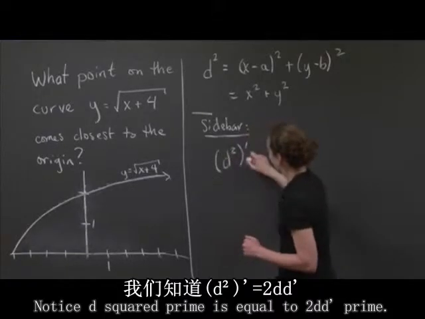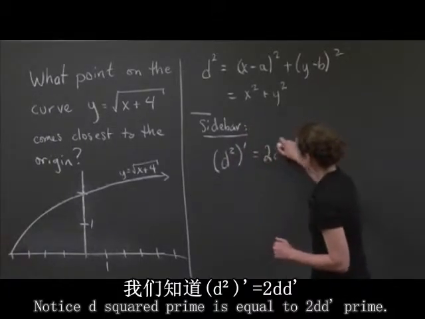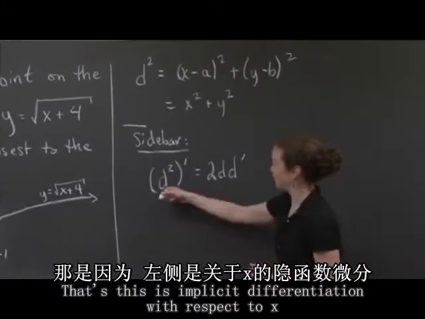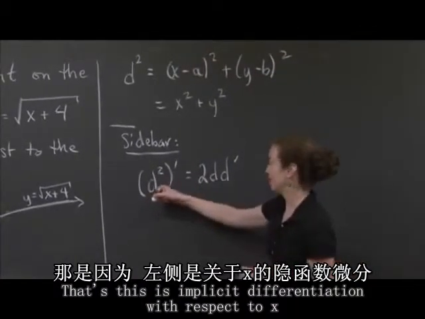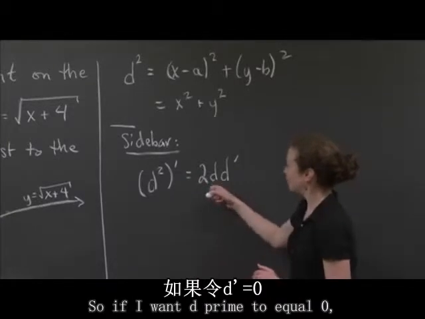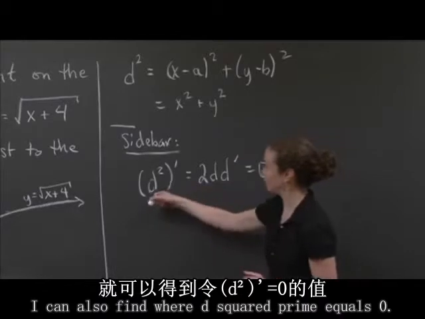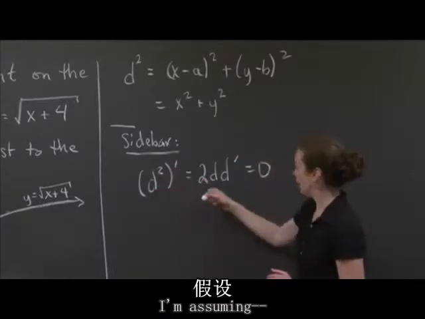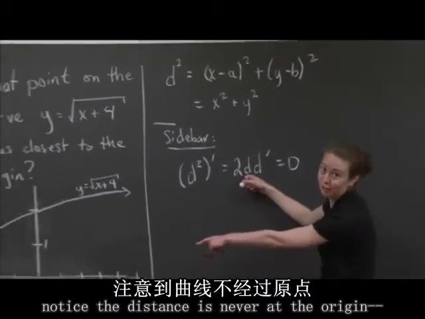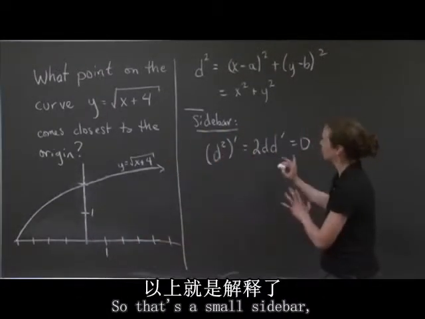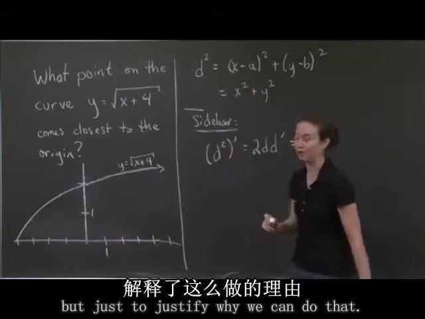Notice d squared prime is equal to 2d d prime. That comes from implicit differentiation with respect to x, and the chain rule. So if I want d prime to equal 0, I can also find where d squared prime equals 0. Notice the distance is never 0, since the curve never passes through the origin, so I don't have to worry about that. That's a small sidebar, just to justify why we can do that.